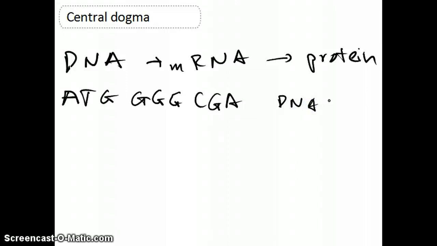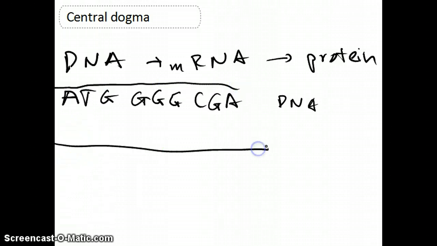Now, DNA has two strands, as we learned, so I'm going to draw two strands. That means that if one DNA strand has this sequence, this order of nucleotides, the other strand has to be complementary to that.